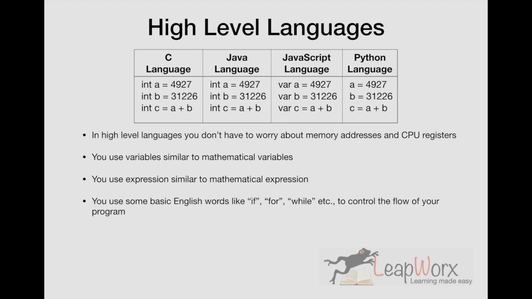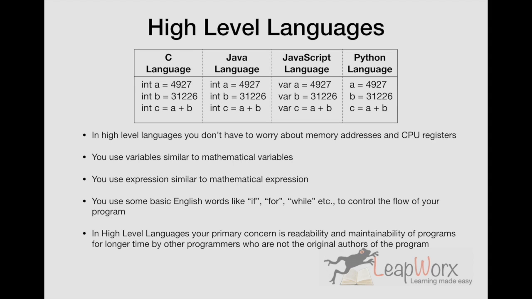So you have some English like words like if, for, while, etc. With that, your programs will be a little bit human readable or human understandable, but you can still give mathematically precise instructions to the computer. And then you have these translators which will translate this into a real binary program, and you can run that.